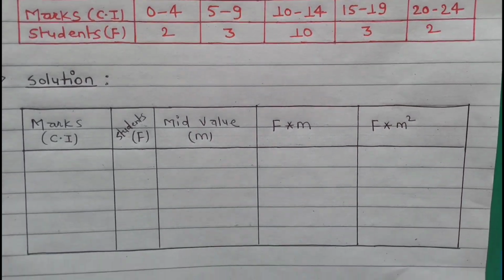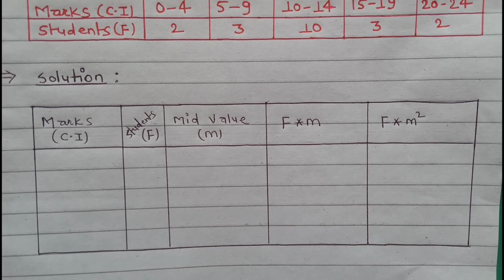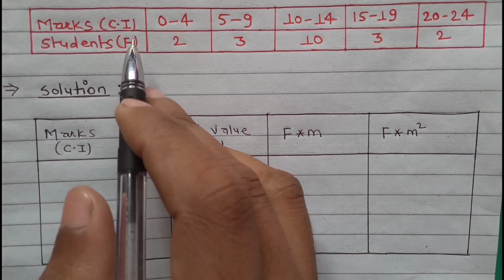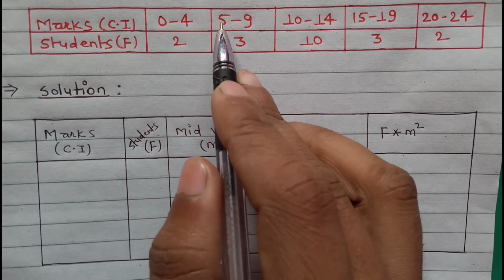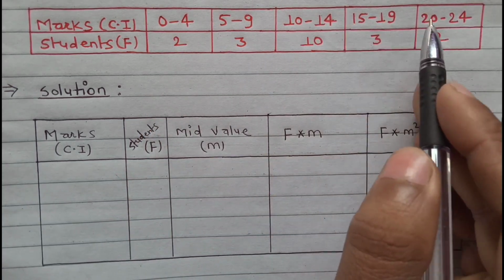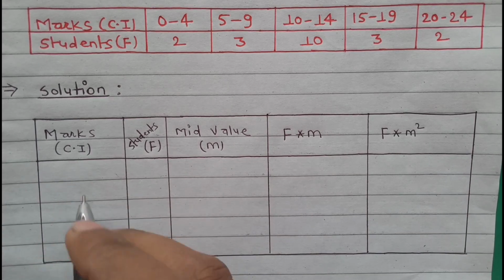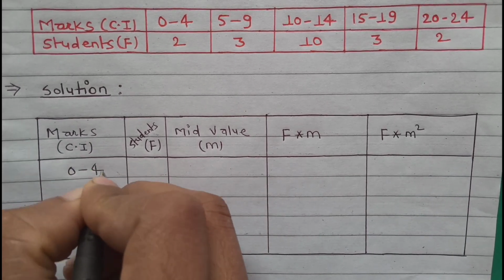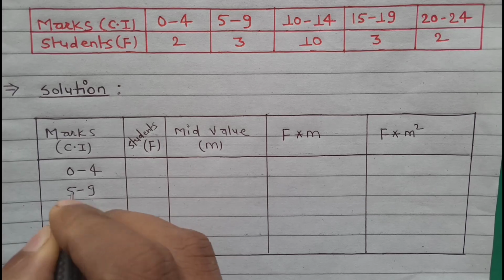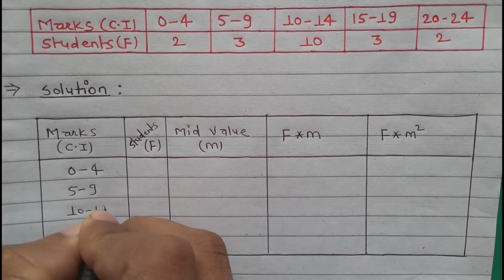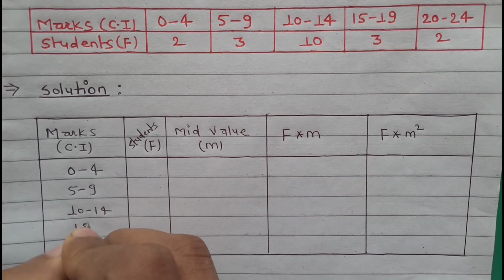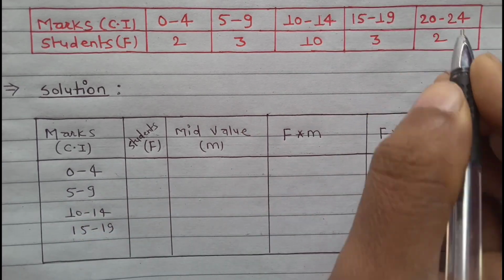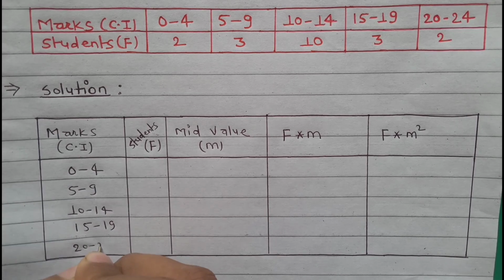So let's start to solve. This one is the question. We have to write the marks in this table: 0 to 4, 5 to 9, 10 to 14, 15 to 19, and the last one is 20 to 24.